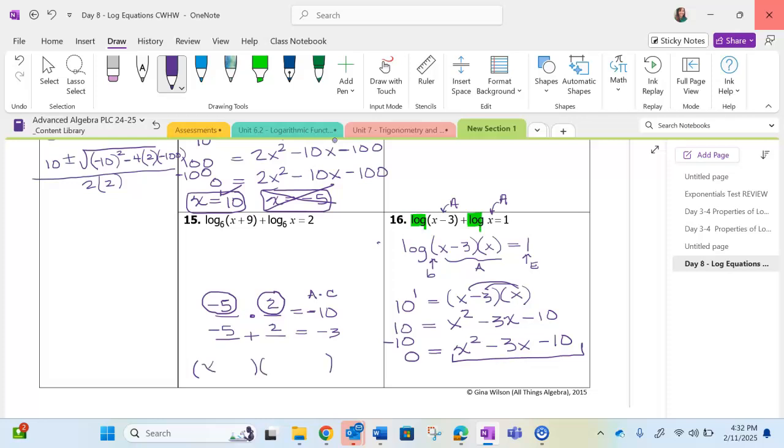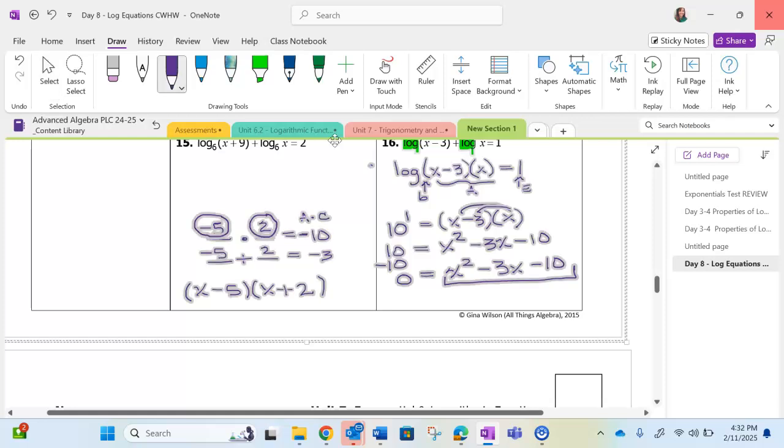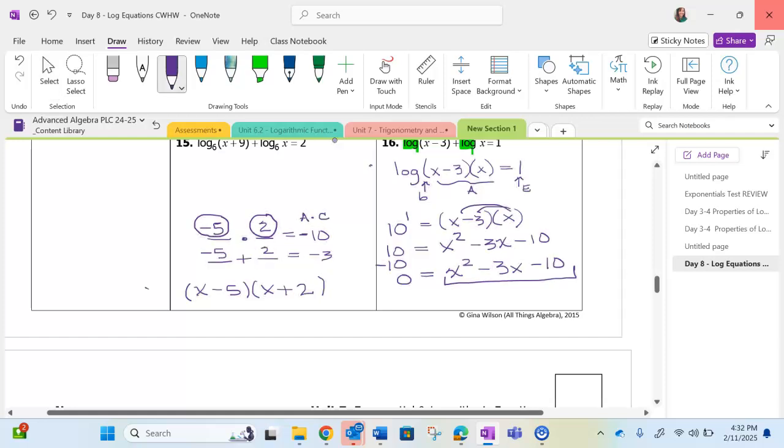So this becomes x minus 5 and x plus 2. Both of them are x's, that's what we're using, and negative 5 goes in here and positive 2 goes in here. Now, in order to find your answers, I have to set each one of these equal to 0.